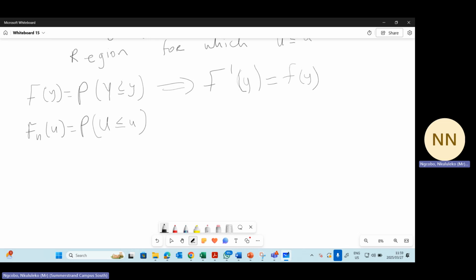What does this then mean? This means the derivative of F of u is just the density function of u, small letter f of u, right? This is the PDF. This is what we want.